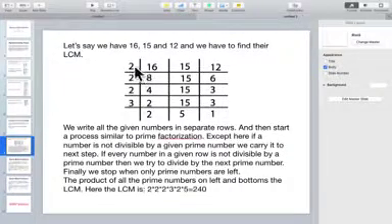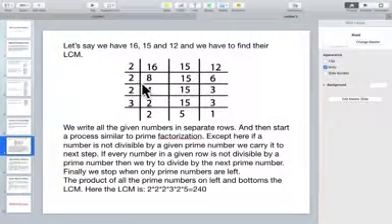So let's say we start with 2, the smallest prime number. 2 8s are 16, we have 8, 2 6s are 12, we have 6, but 15 is not divisible by 2, so we carry 15 itself, without changing it, to the next level. And now we have 8, 15 and 6 in this new column.